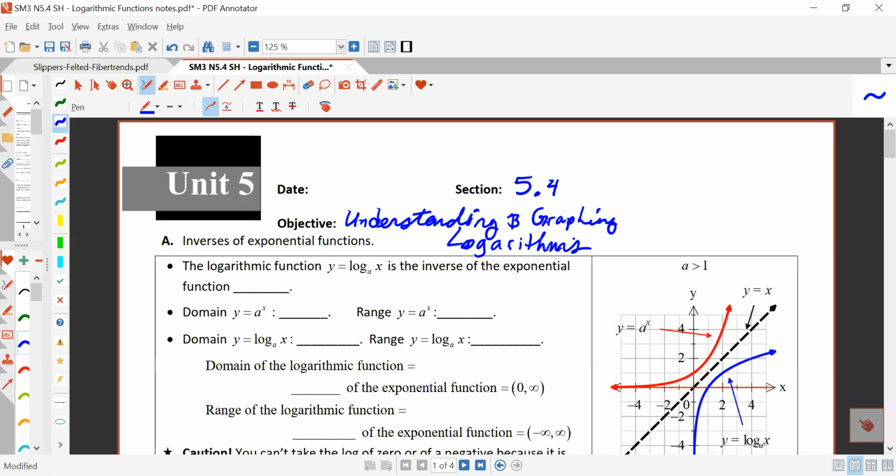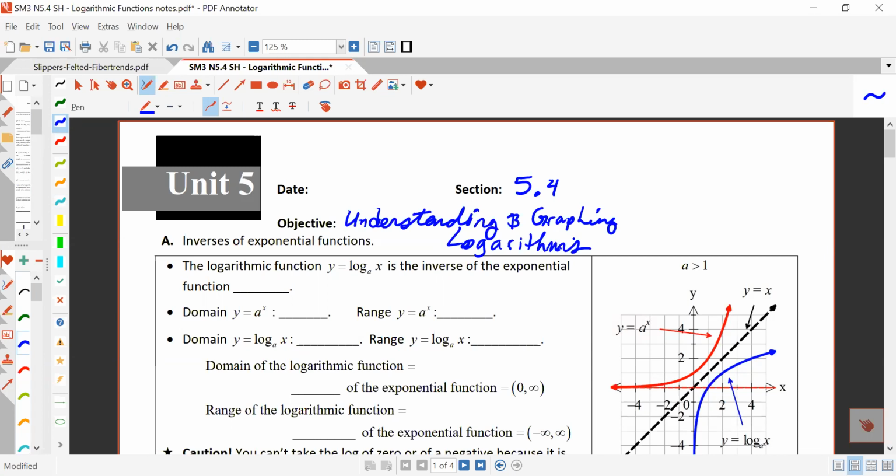So we've already talked about exponentials. I'll be going over some review information about exponentials for those who just joined the class. But today the goal is basically understanding what a logarithm is. So I think it's a little easier to understand the graph if you understand what they are first.